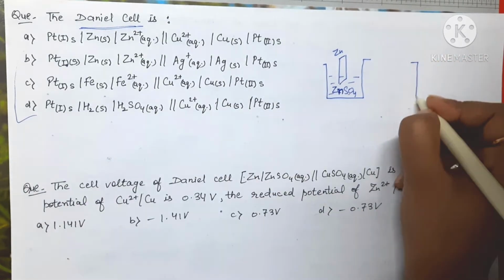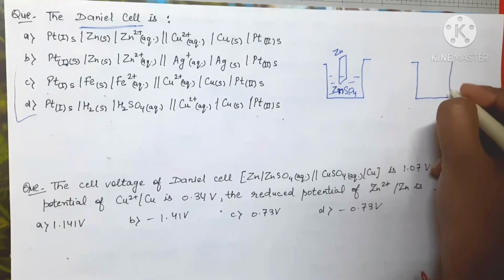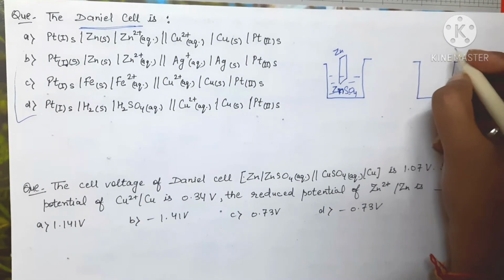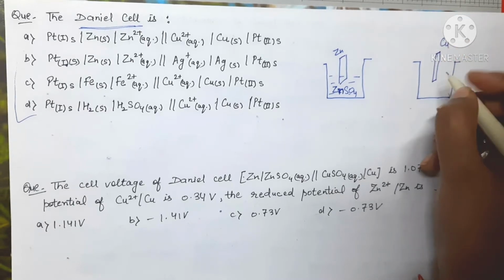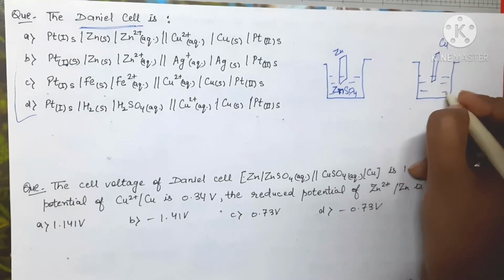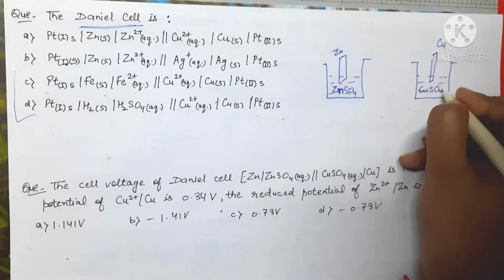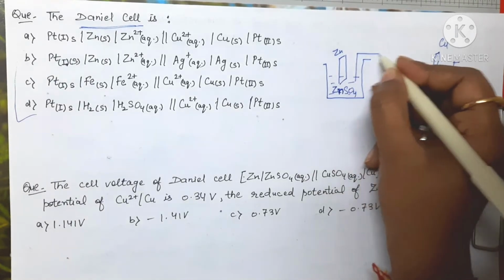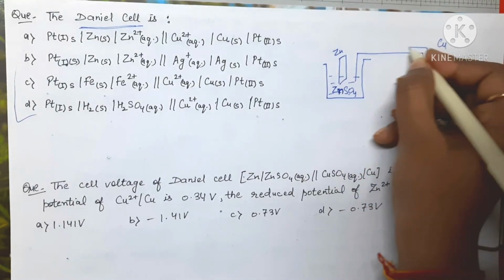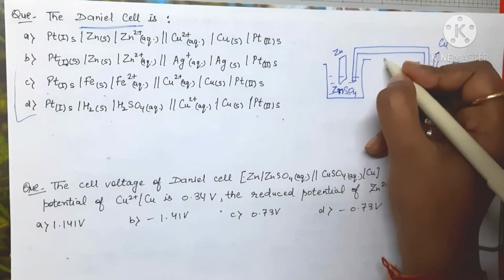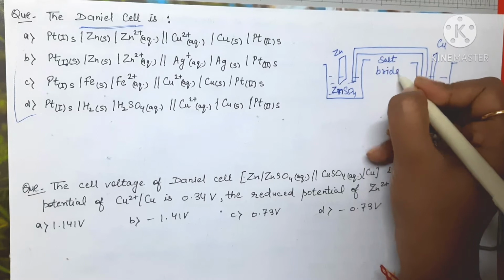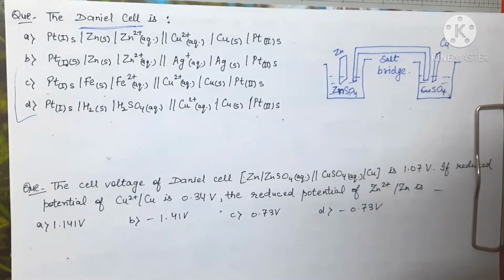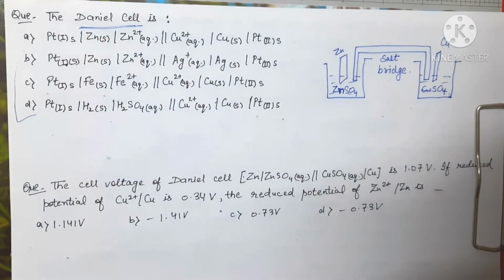And if we talk about the right half of this Daniell cell, then there will be a copper electrode dipped in copper sulfate solution. These two halves are joined together via salt bridge. So this is the basic construction of Daniell cell.